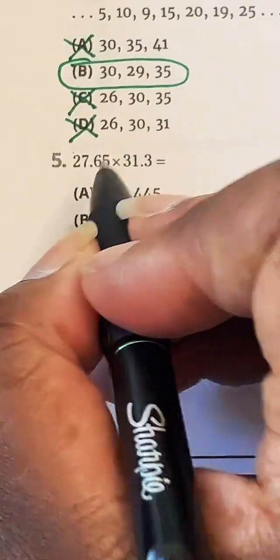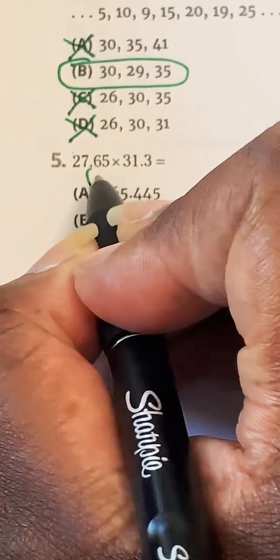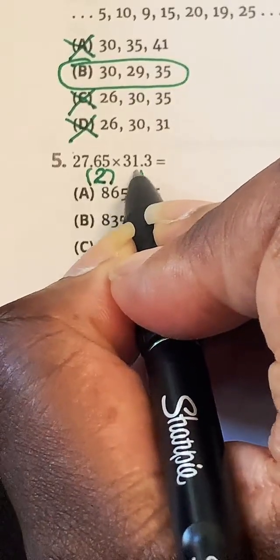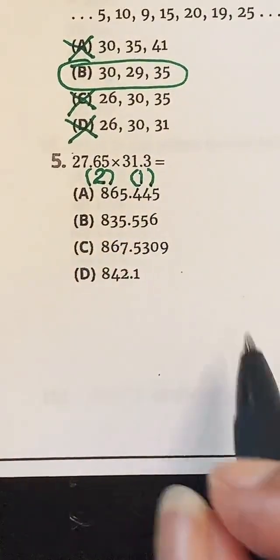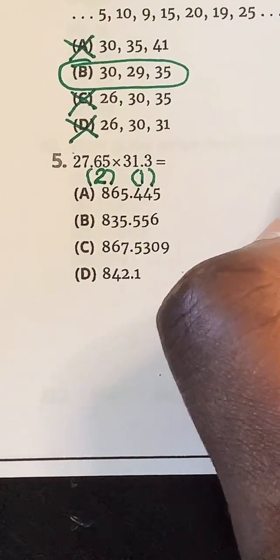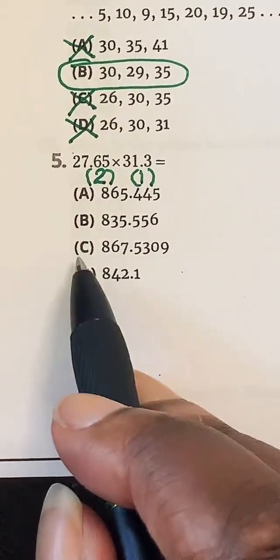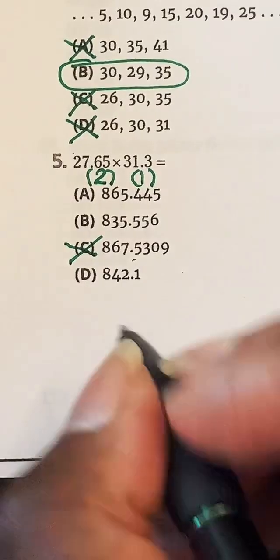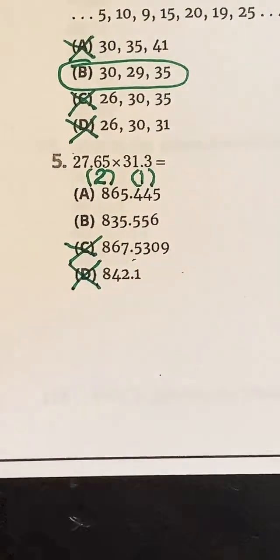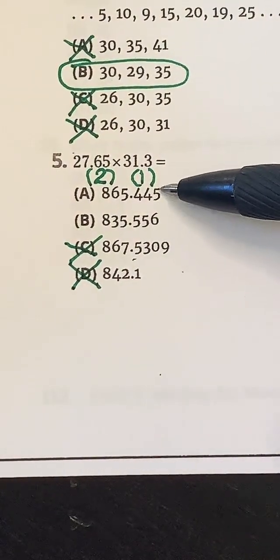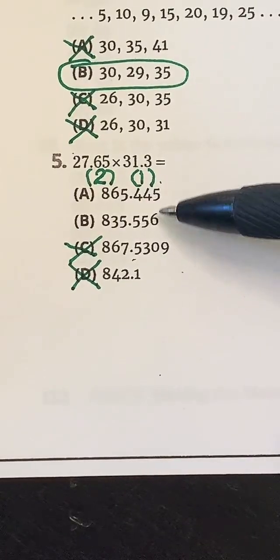I have 2 places here, and I have 1 decimal place here. So that means my answer should have 3 decimal places. C has 4. That's crazy. D has 1. That's nuts.